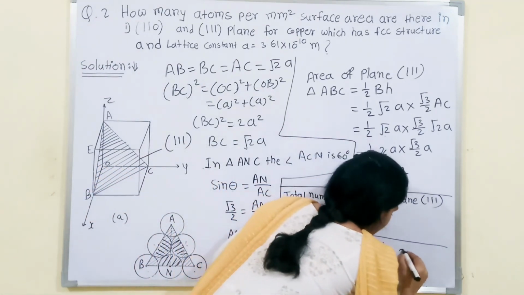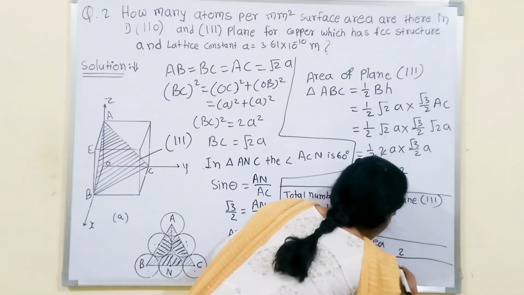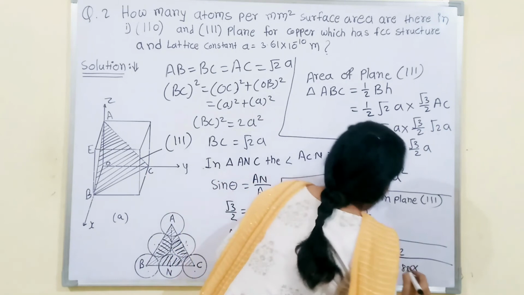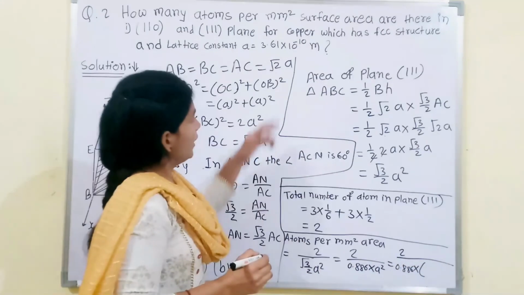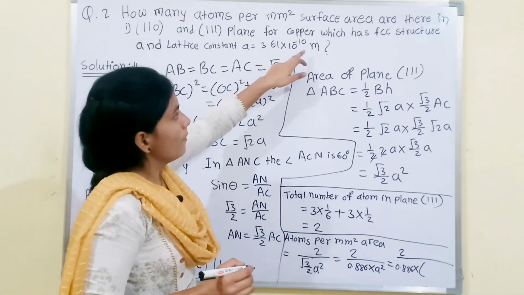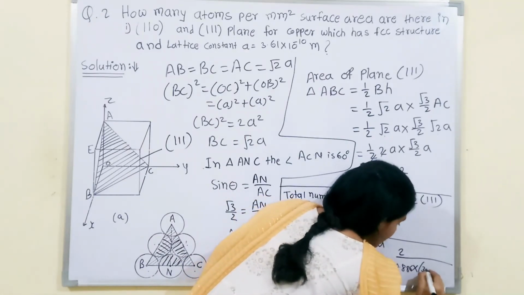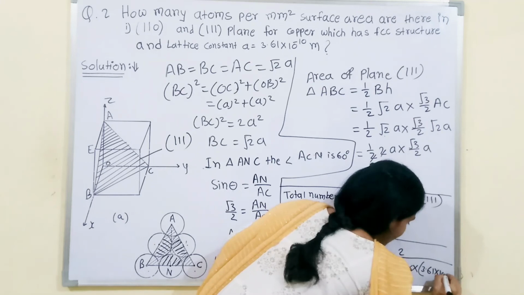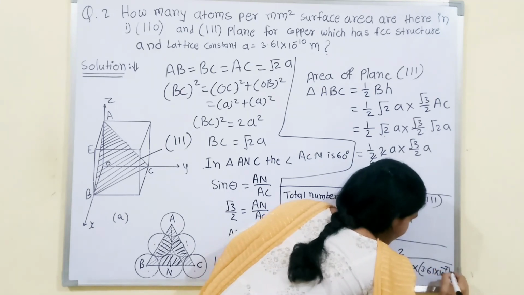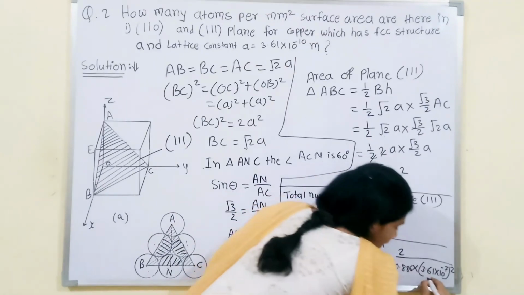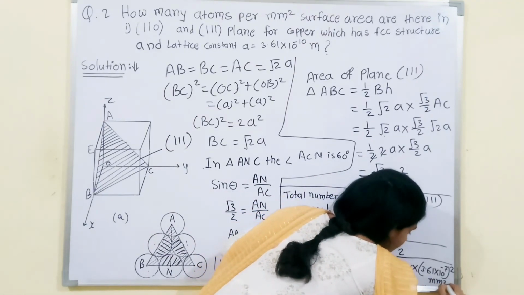So we can write 2 divided by 0.886 into A square. But for the conversion of meter to millimeter, we should multiply by 10 to the power -7, and here is A square, millimeter square also.